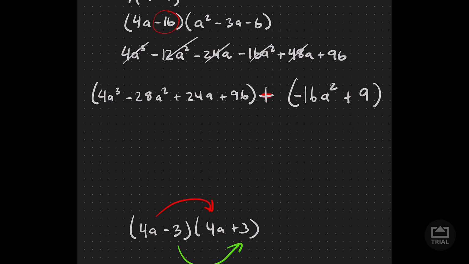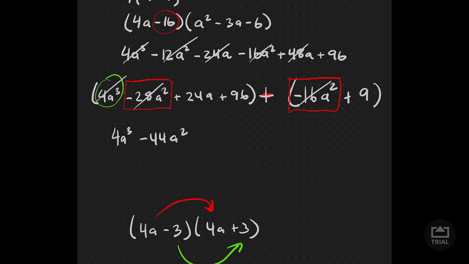Let's start off with our highest degree, which looks like it's going to be a 3. So we have a 4a cubed. Let's go to our degree 2. What do we have? We've got a negative 28, and we got a negative 16a squared. Combined, we're going to have negative 44a squared, and all three of those are done.